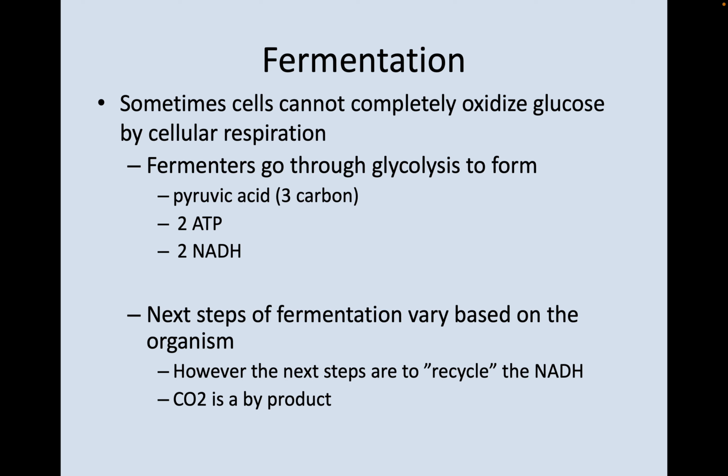So fermentation happens when cells can't completely oxidize glucose by cell respiration. Fermenters go through glycolysis. They form those pyruvic acids, those 3 carbon molecules. It generates 2 ATP and 2 NADHs. But the next steps of fermentation vary based on the organism. However, the next steps are to recycle the NADH, and carbon dioxide gas is usually a byproduct.